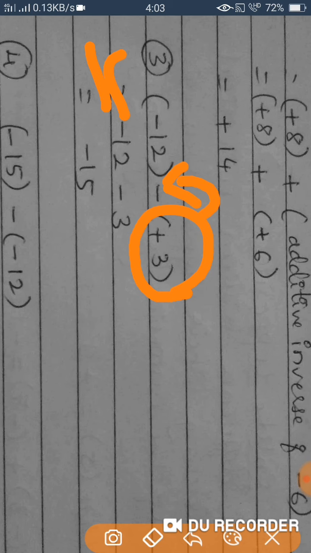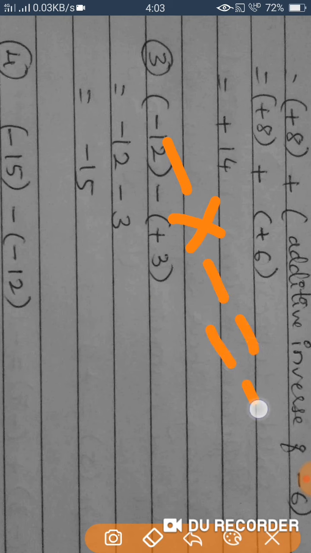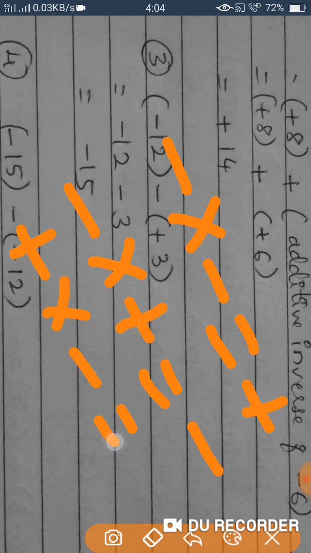In the previous video I explained that minus into plus gives minus. In the same way, minus into minus is plus, minus into plus is minus, plus into minus is minus, plus into plus is plus.